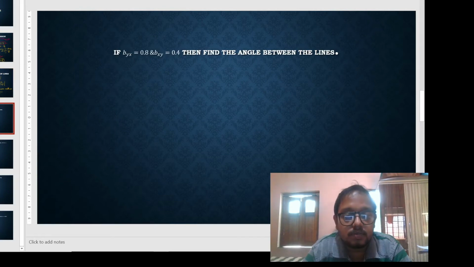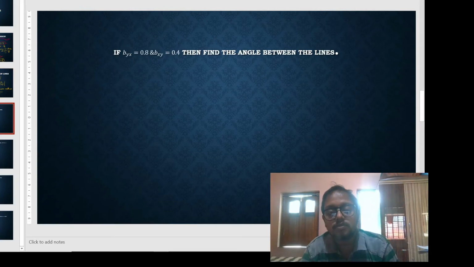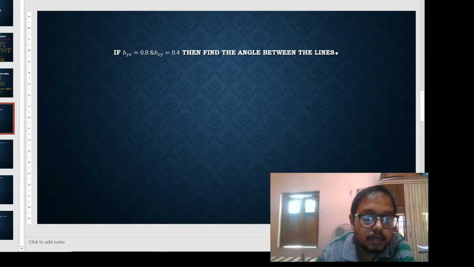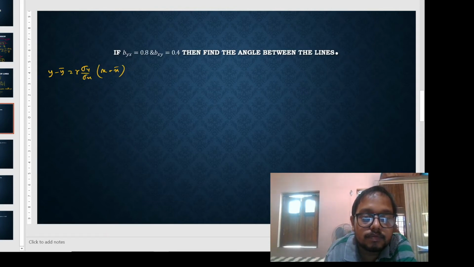So see here, this is the very first question I have just given: if byx is equal to 0.8 and bxy is equal to 0.4. Now here we know the regression line of y on x, and the regression line of x on y is r sigma x by sigma y, I minus y.